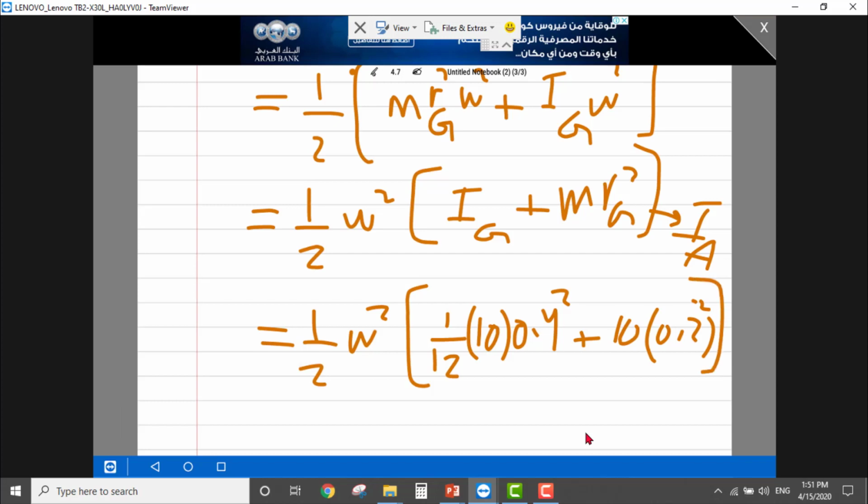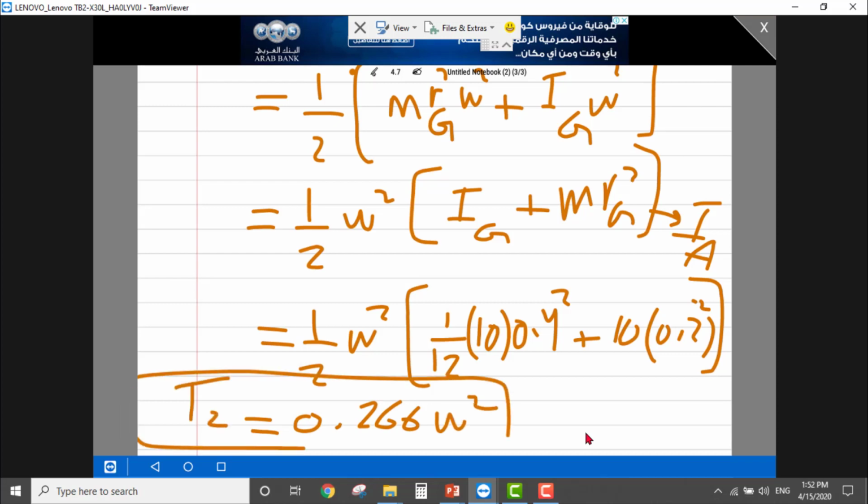Let me use my calculator. So T2 is equal to 0.2 omega squared.